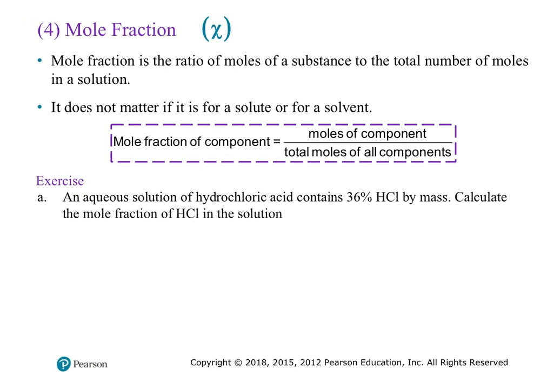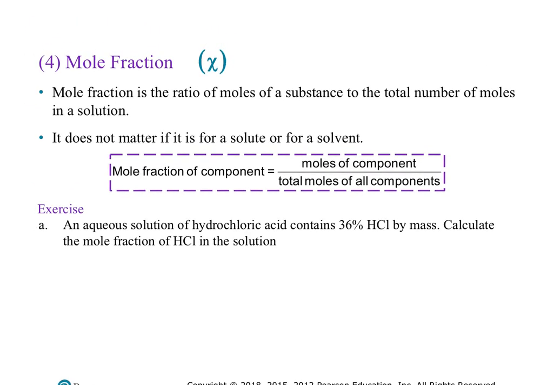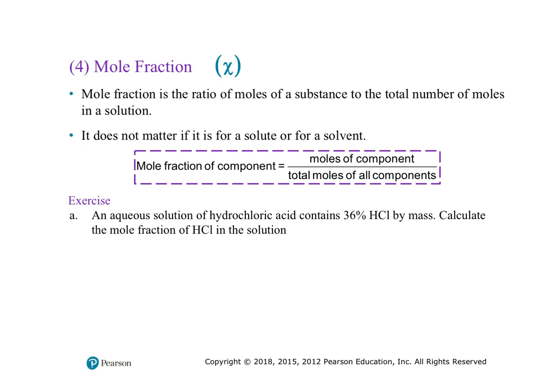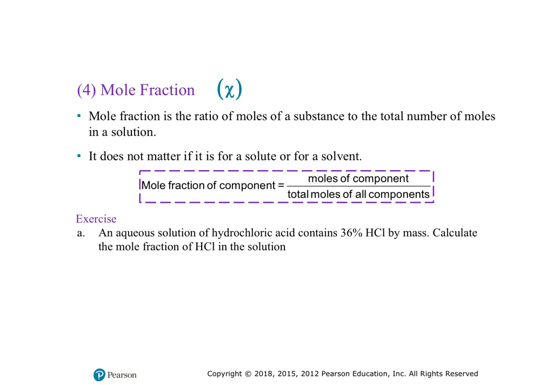In mole fraction, again, it's actually very similar. It's the fraction of the moles instead of the percent of the mass. So mole fraction is going to be the moles of your component, let's call it A, over your total moles.